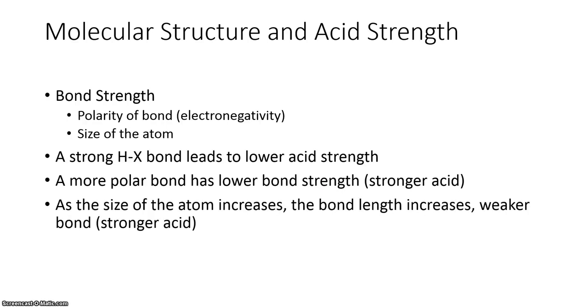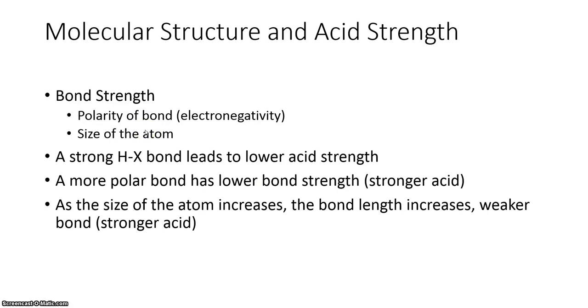The other example is where the size of the atom that's bonded to the hydrogen changes. So this is useful when we're comparing binary acids that are created from elements that are relative to each other down the group. So for instance, HCl, HBr, HI.